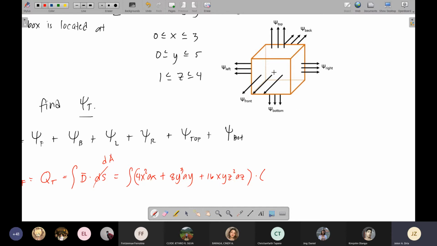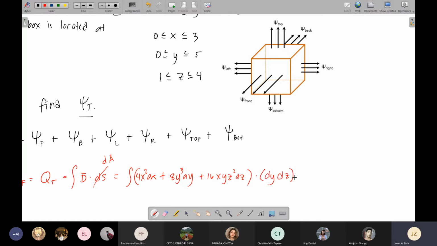For the front, what are the dimensions? This is basically the y-axis and this is basically the z-axis. Therefore the differential area for this surface is dy dz.